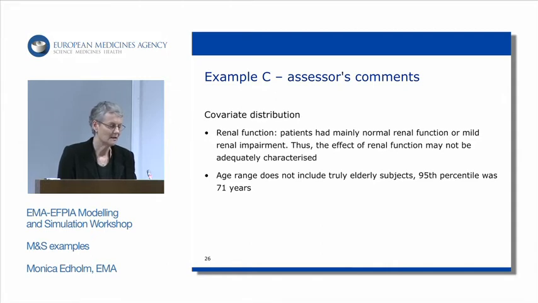So the identified covariate relationship was considered unreliable and may not adequately characterize the true covariate influence of renal function on this drug, taking into account more severe degree of renal impairment. And further, the age range was limited and did not include many elderly patients, so it was considered that we couldn't draw any conclusions in patients above the age of 70.